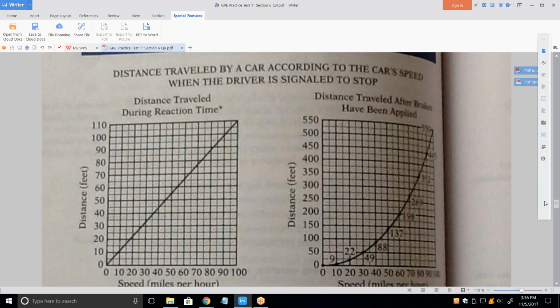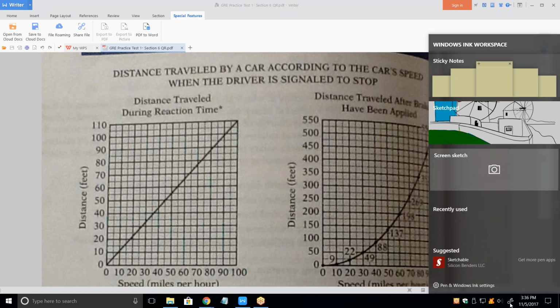What we have here is a chart for the reaction time it takes you to hit the brake when needed. In other words, you're going 50 miles an hour and an animal runs out in front of your car.